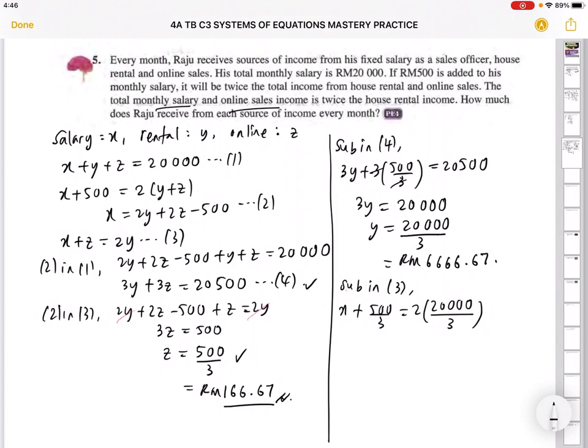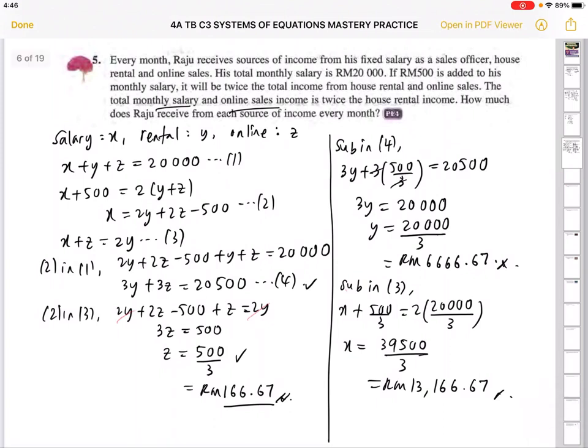Okay, so this will be what? 40,000 minus 500 is 39,500 over 3. Use your calculator. Is 13,166 ringgit and 67 cents. Oh, this is so ugly. Yeah, I wouldn't use this number, right? But anyhow, ugliness is not a crime.